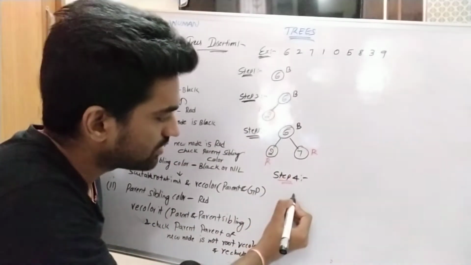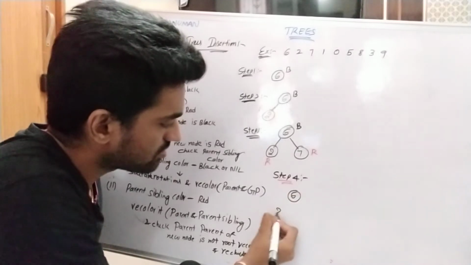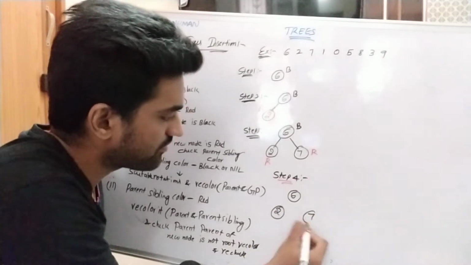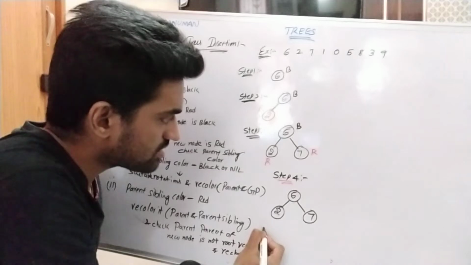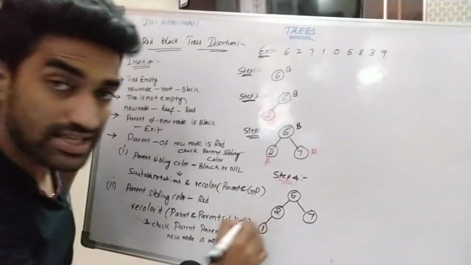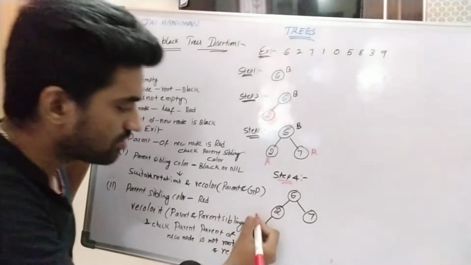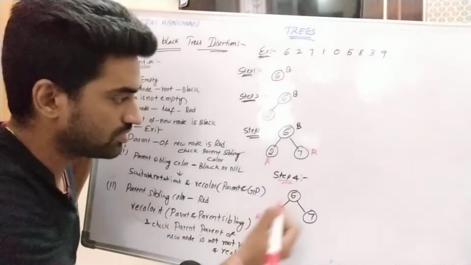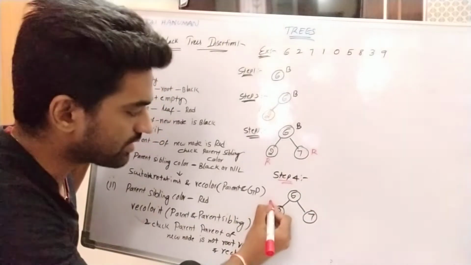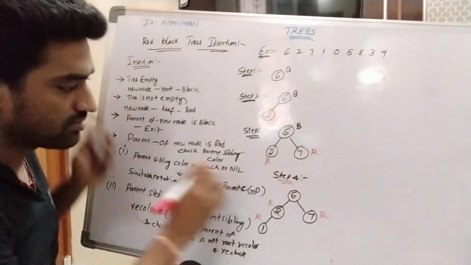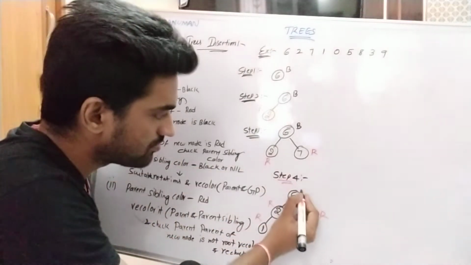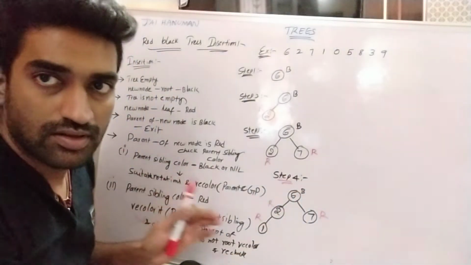Now the tree becomes like this: 6, 2, 7. The newly inserted node is 1, so that is labeled as red. 2 is also red, 7 is also red, and 6 is black.